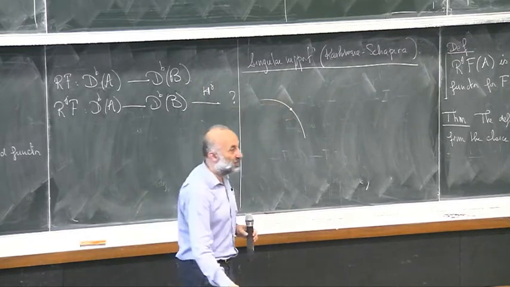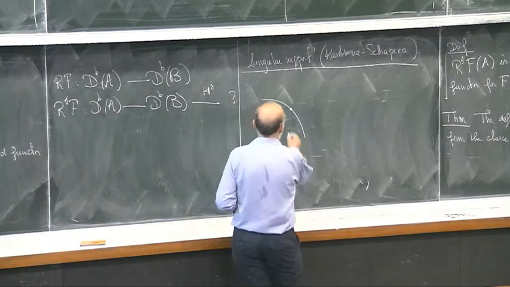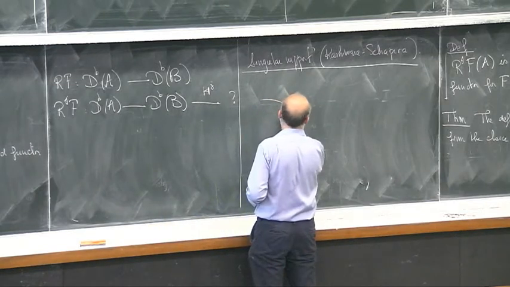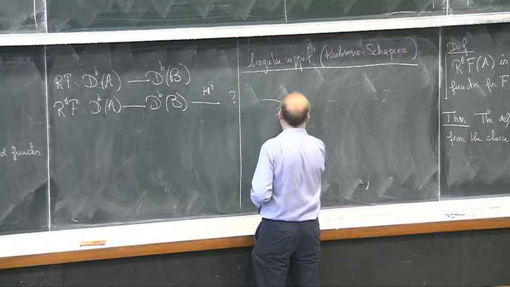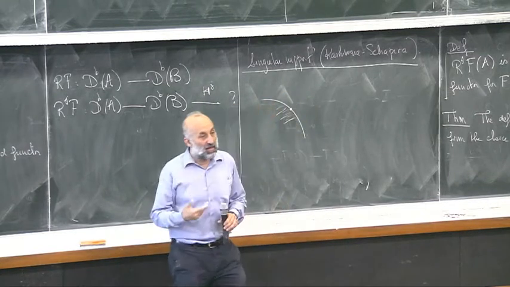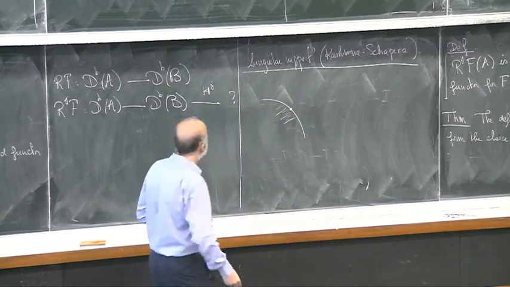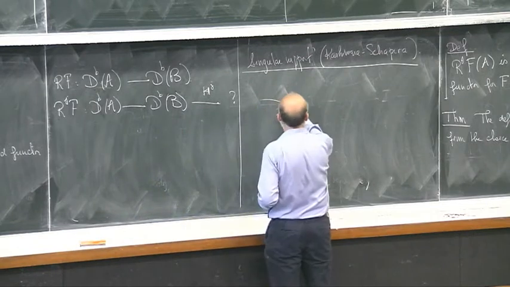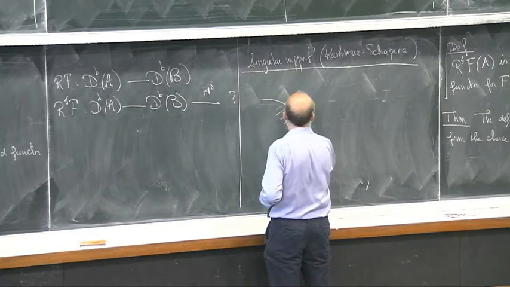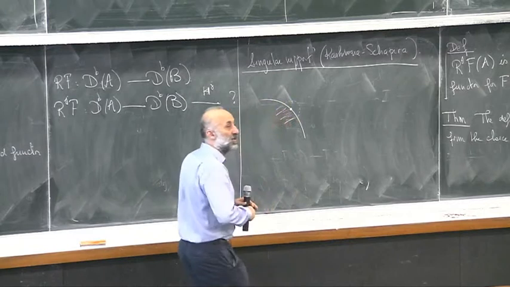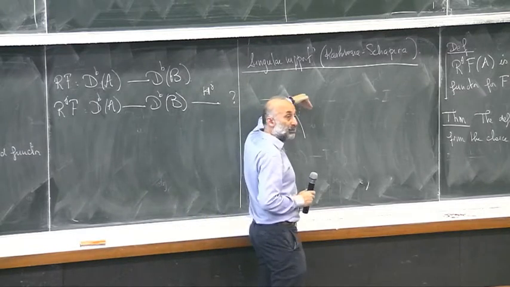So assume you have a solution of your partial differential equation, which is defined here. And what you're trying to figure out is whether this solution can actually extend to a small neighborhood past this point here.